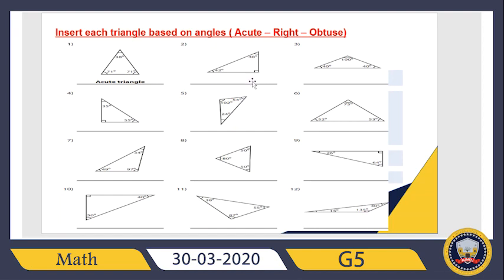Here I want to tell you something. If you find this sign, the semi square or half square like this, it means 90 degrees.